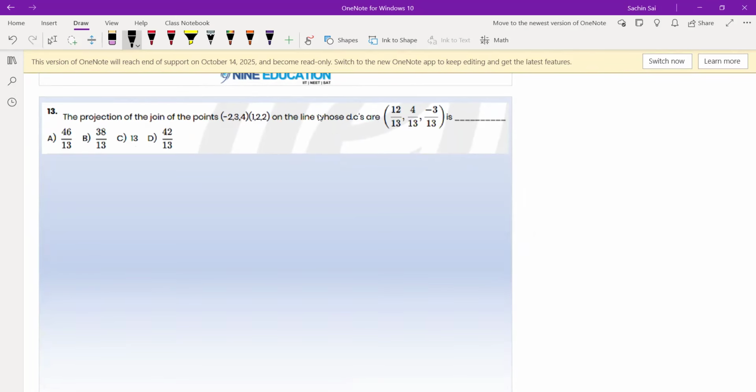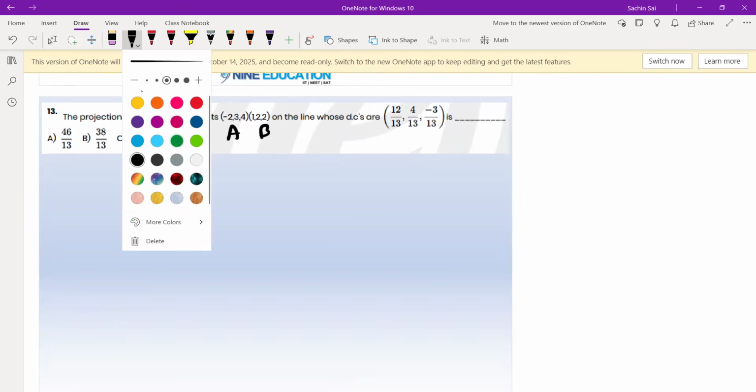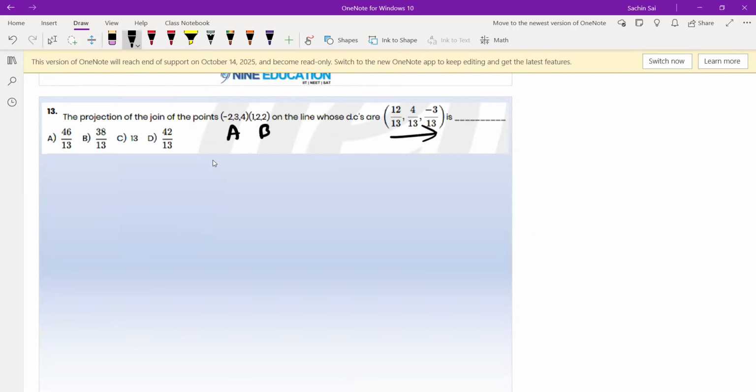So question 13, the projection of the join of the points. Two points A and B are given, and a line whose DCs are given. That means a vector parallel to the line is also given. Let us call this N bar. Now, what is the projection of A bar on B bar?